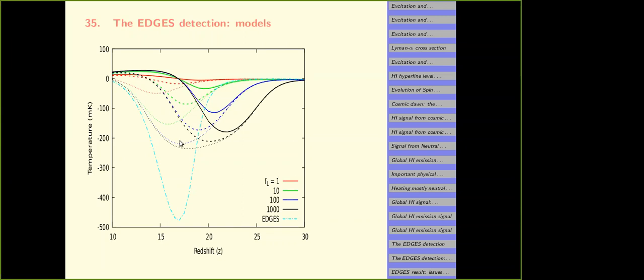Lyman alpha coupling has to be strong. It must completely couple the gas to the matter temperature, which is low, at around redshift 19. Heating must start before redshift 15.